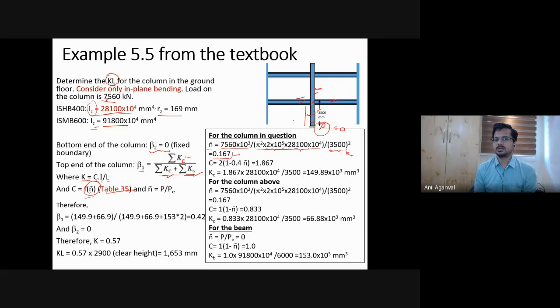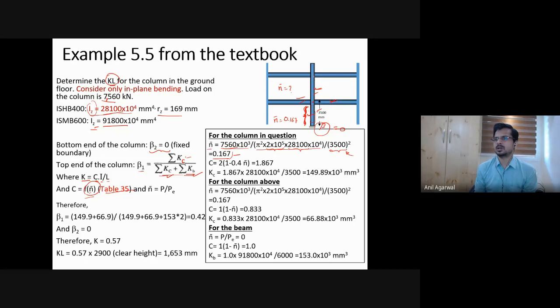For the column in question, I got n bar equal to 0.167. What will be the n bar for the column above? Geometry is the same, length is the same. What does it depend on? It depends on P divided by P critical. So P critical is the same, right?